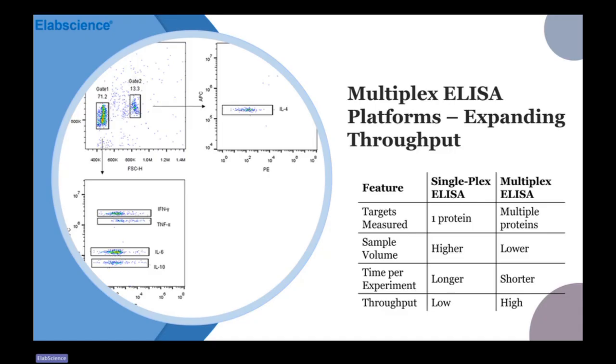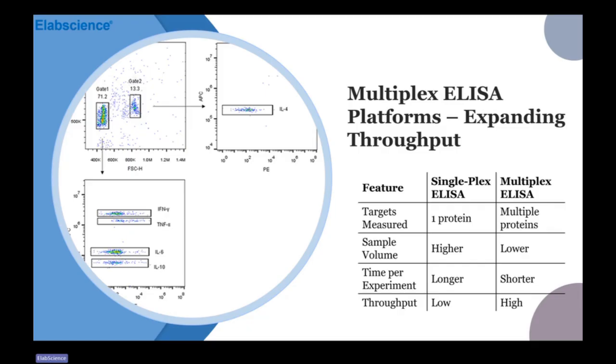Compared to traditional single-target assays, multiplexing reduces sample volume and experimental time. It is especially useful in immunology and biomarker panels where multiple cytokines or proteins must be analyzed together. So multiplex assays enhance efficiency without compromising data quality.